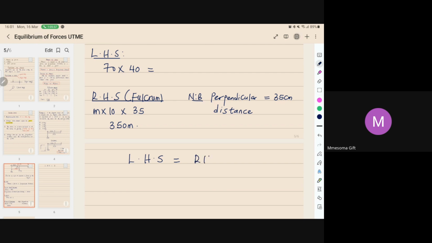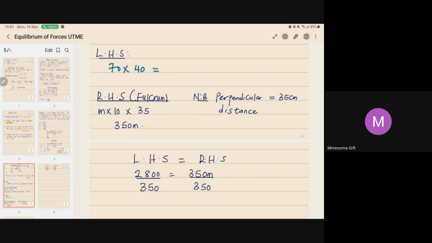Titi Lola gave us the value of 2,800, and here is equal to 350 m. Remember that the m is the mass. So we're going to divide both sides by 350, and when we do, we have that m is equal to what?